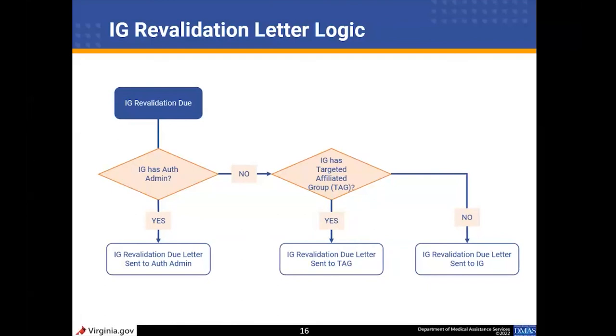If an affiliate does not exist, so the answer would be no, this triggers the individual within a group revalidation due letter to be sent to the individual within a group. What I want to note here is that a TAG, or Targeted Affiliated Group, is defined by the most recently added active service location.